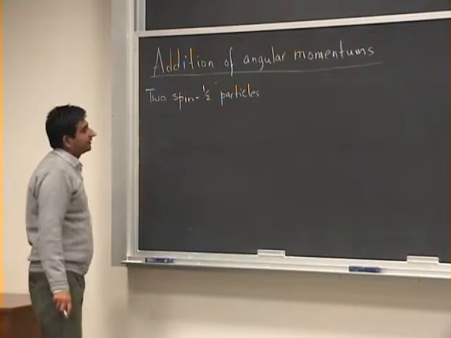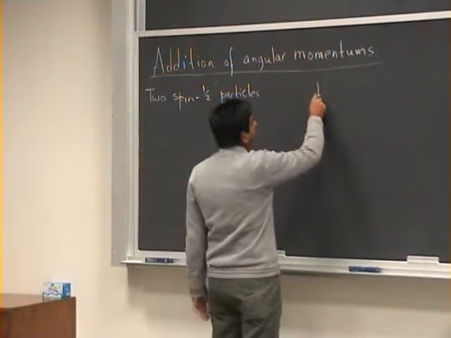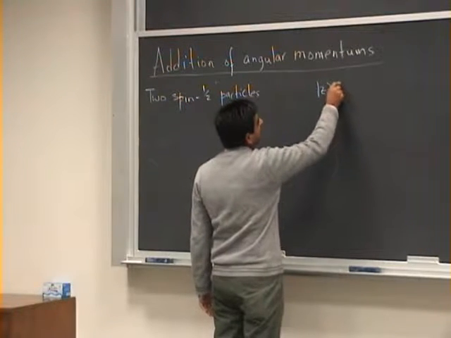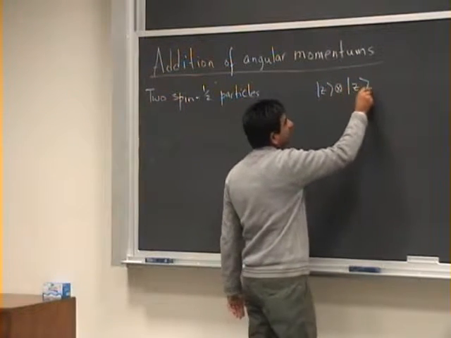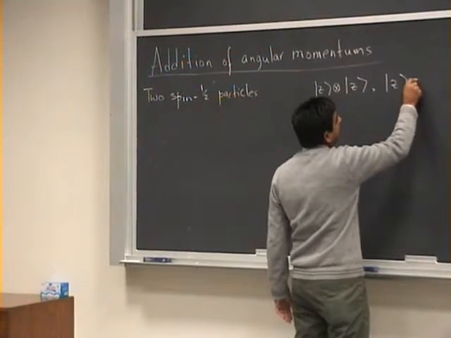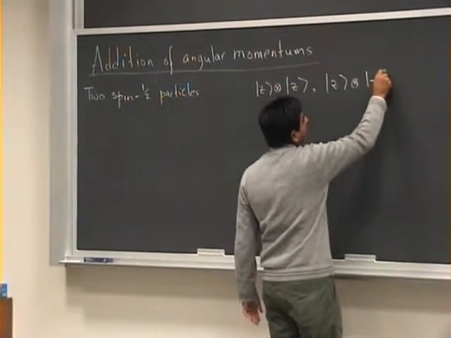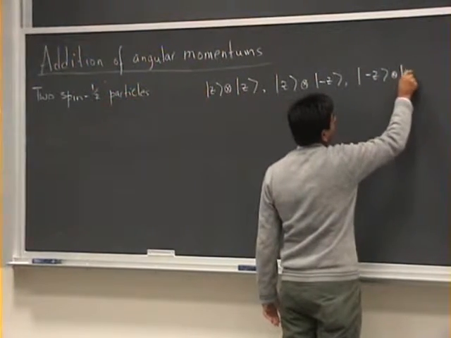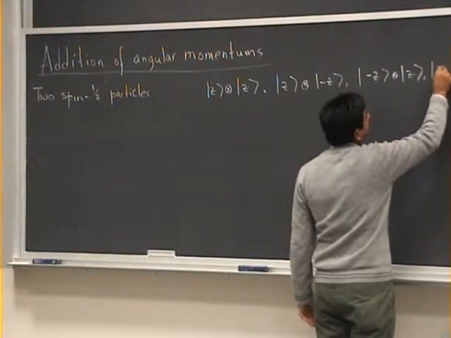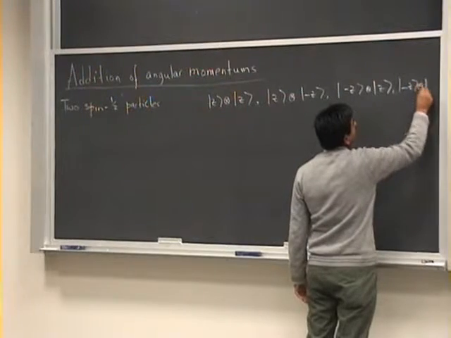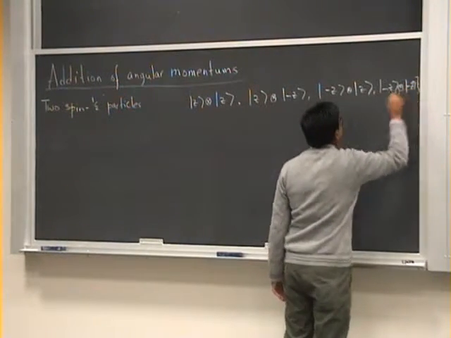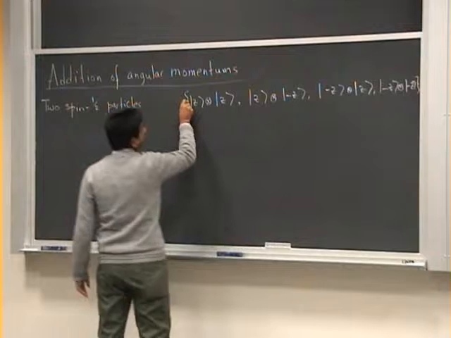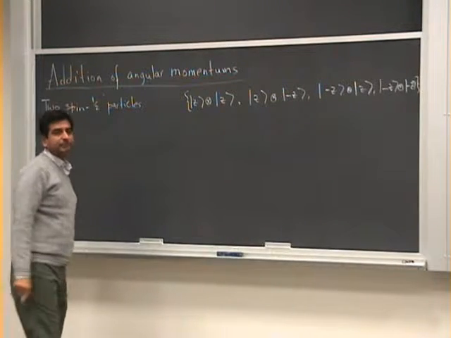One possibility is that we choose the states |z⟩ direct product |z⟩, |z⟩ direct product with |−z⟩, |−z⟩ direct product with |z⟩, and |−z⟩ direct product with |−z⟩. So this is one possibility for the choice of the basis, correct?